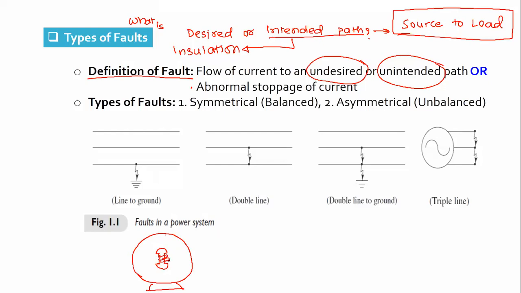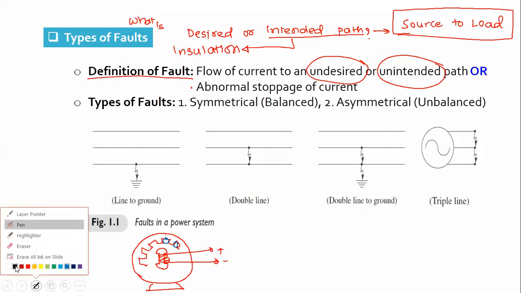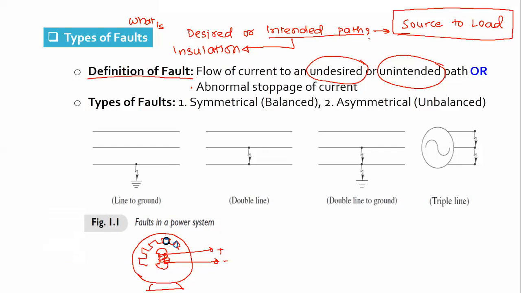Here we have a field winding which is excited by DC supply, and on the inner periphery of the stator we have a number of slots cut, and in these slots what do we do? We put phase conductors, the armature winding. Now to isolate the armature winding from the core, we provide insulation around the conductor.